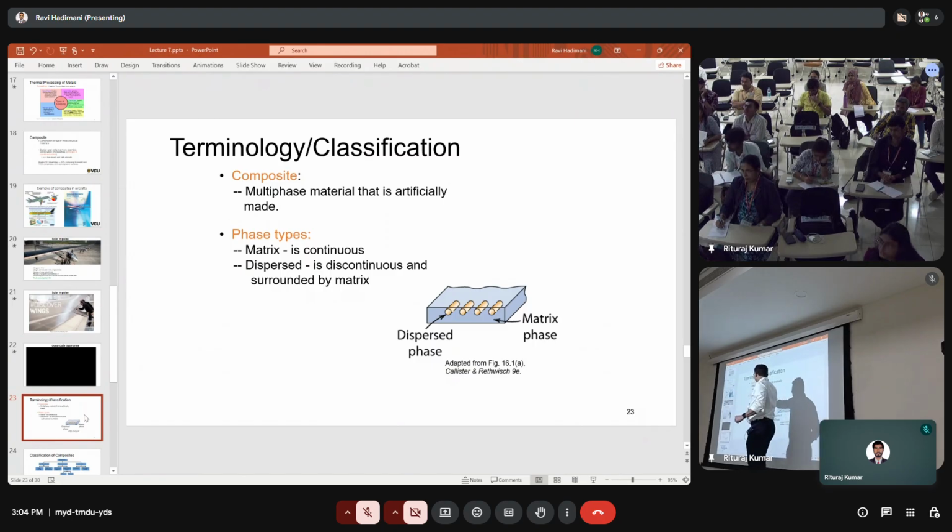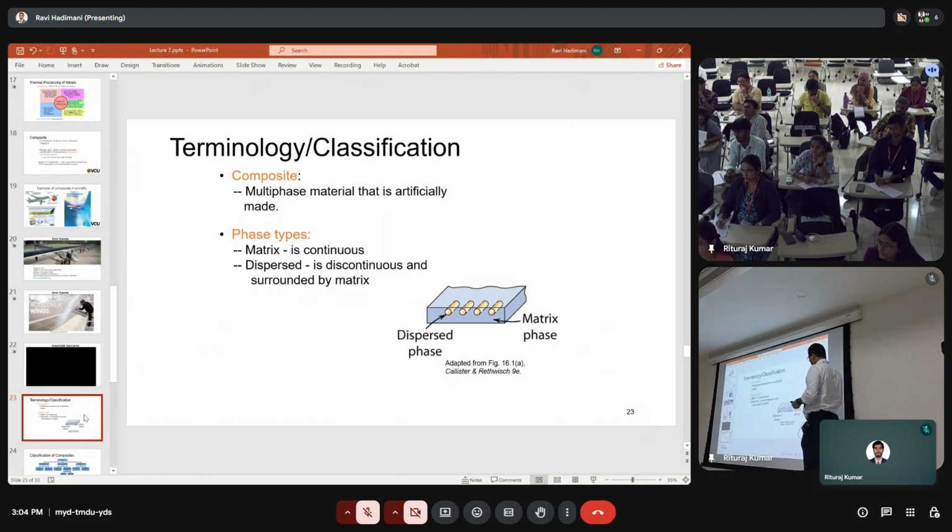The matrix is the thing that is continuous, and the dispersed media is the one that is discontinuous. The dispersed phase is usually added to the matrix phase in order to improve certain properties.